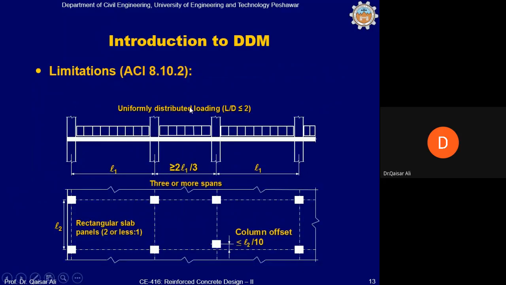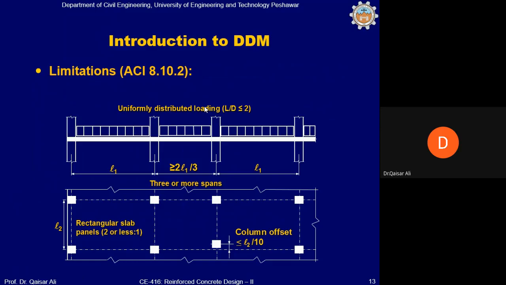The first limitation is that it can be used only in a situation where the live to dead load ratio is less than or equal to 2 and the load is uniformly distributed. A live to dead load ratio less than 2 means that live load shall not be too high. Generally speaking, dead load is much higher than the live load.